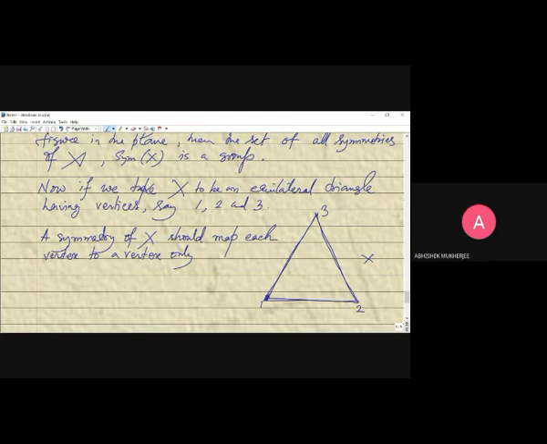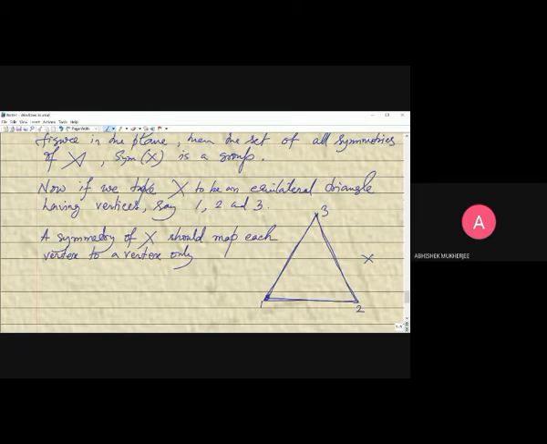Suppose 1 maps to some other point except these vertices, then it will not preserve the distance. Why?